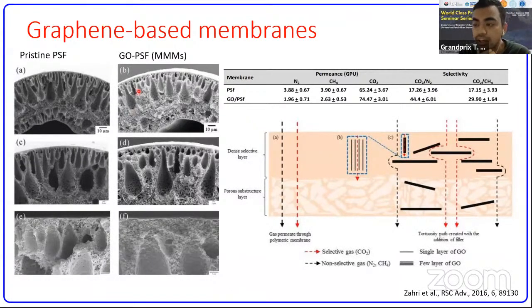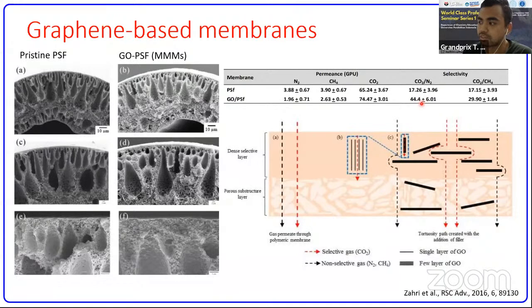But when we tested them as membranes for carbon dioxide and nitrogen, and carbon dioxide and methane separation, we could see that for the pristine polymeric membrane, the selectivity for carbon dioxide and nitrogen is only 17. But when we incorporate graphene oxide within the continuous layer of polysulfone, the selectivity is dramatically increased to 44.